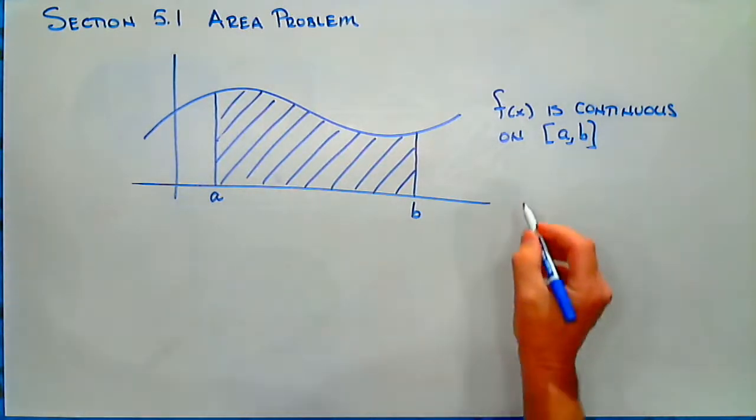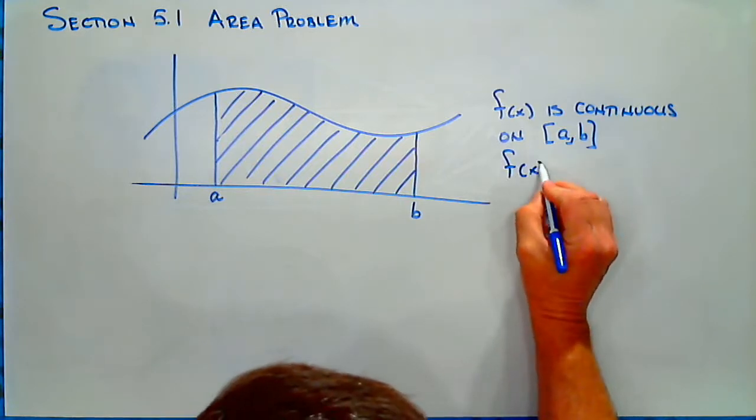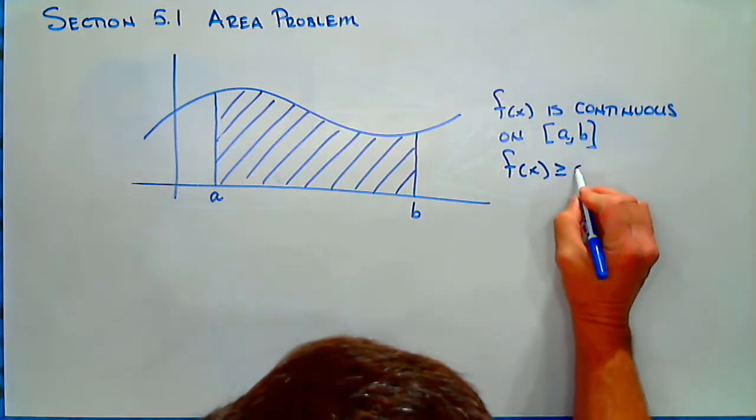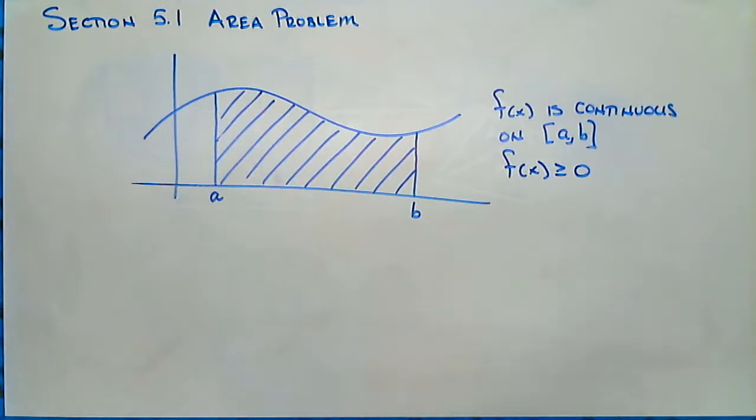And to make this simpler, let's just go ahead and assume that f of x is greater than or equal to 0. We'll put the region above the x-axis. We're going to talk about what happens if the region falls below the x-axis, and we have a pretty simple solution for that, to be perfectly frank with you. But for now, we're just going to put the region above the x-axis.